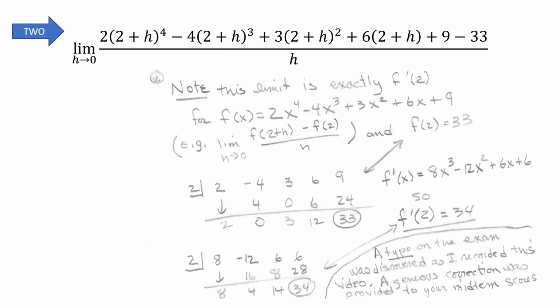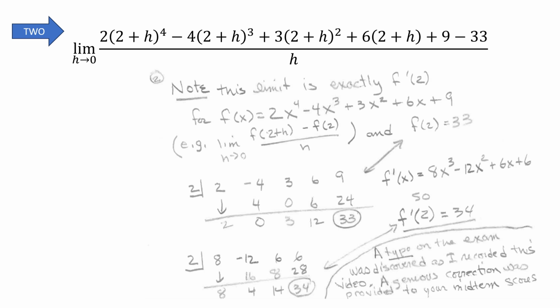Number two, this limit could be calculated directly, but if you make an observation that this is exactly f prime of 2, it's an easier calculation, and this is f prime of 2 for f of x equals 2x to the fourth minus 4x cubed plus 3x squared plus 6x plus 9.